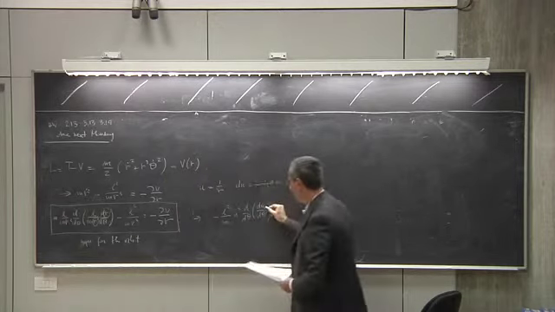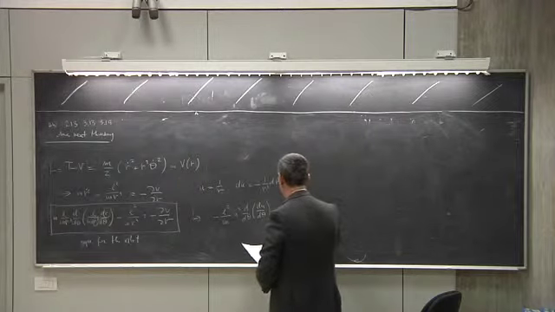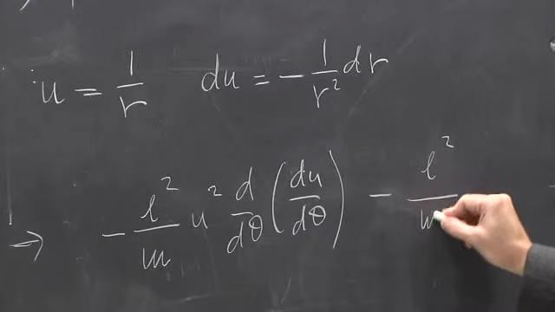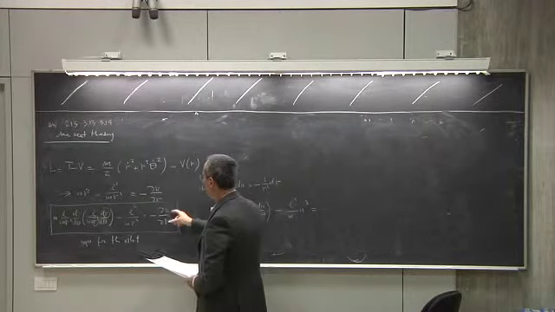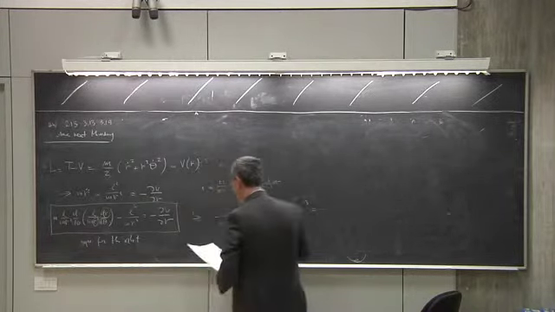That's why this transformation is nice. And then I have this term here that obviously is just minus L square over m, and then I have 1 over r cubed, so I just have u cubed. And v, that is a function of r, becomes just a function of u, okay?